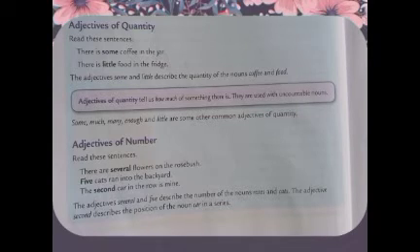What are uncountable nouns? Like coffee, food, sugar, milk, sand, the nouns which we can't count. So adjectives of quantity are used with uncountable nouns, and adjectives of number are used with countable nouns.